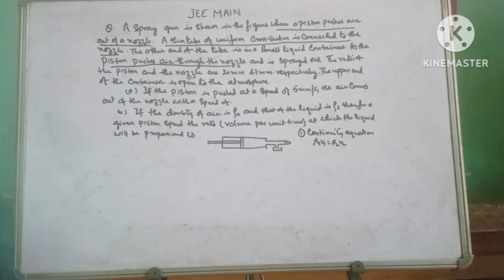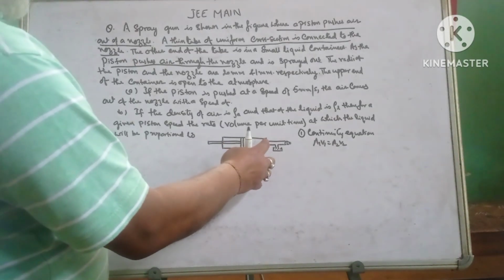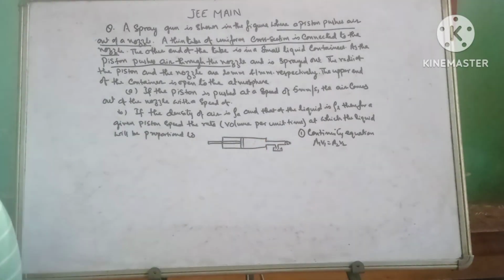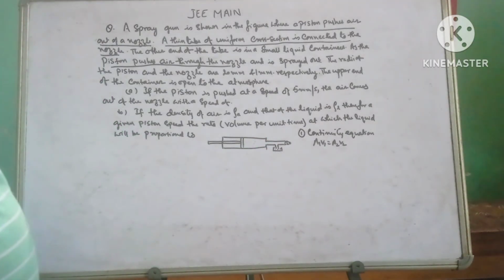So first of all, there is the continuity equation. When we compress the air, this area decreases, so from the continuity equation, your velocity increases.